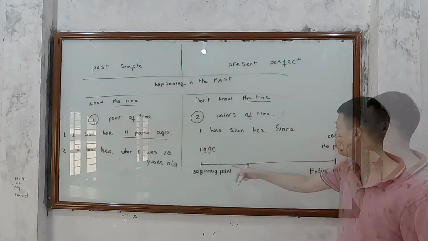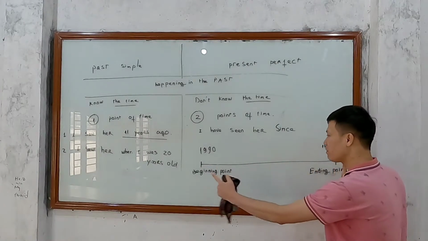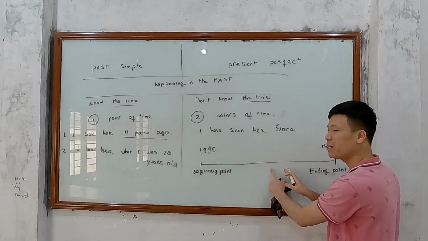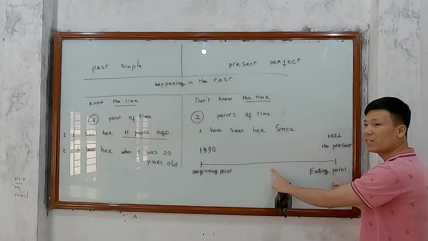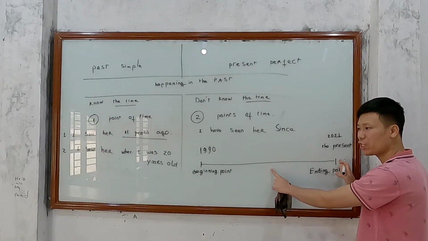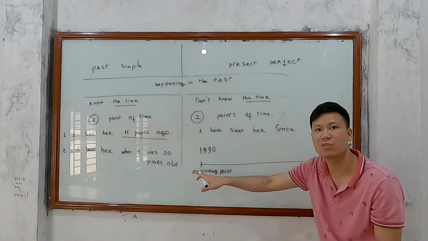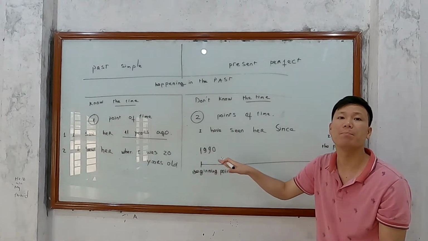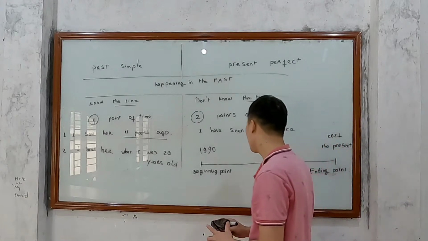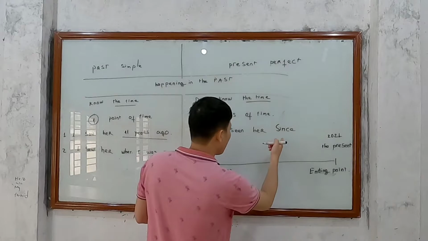Right? The present. I want to reduce this period of time, but the ending point, the present, is fixed. I couldn't change it. I have to change the beginning point. How? I use this word, since.